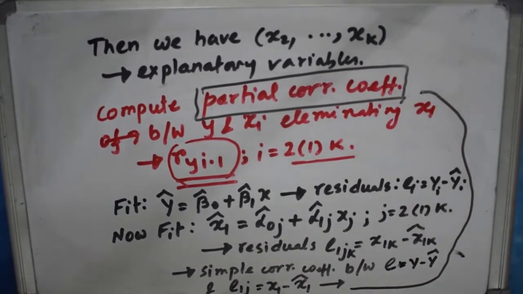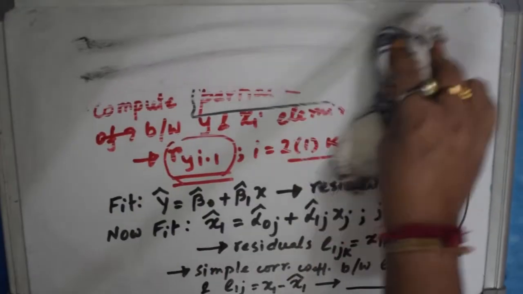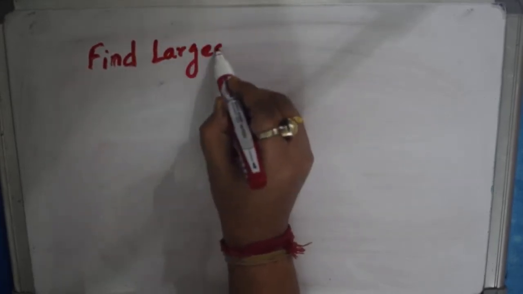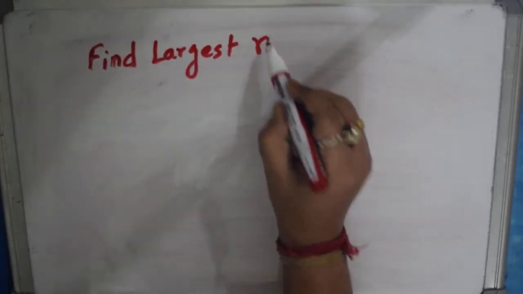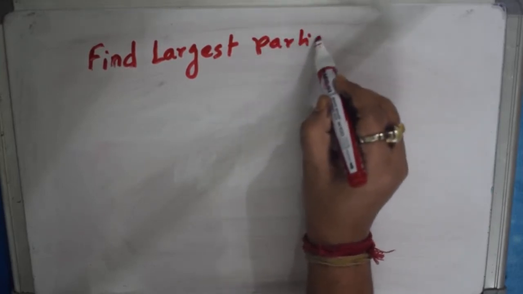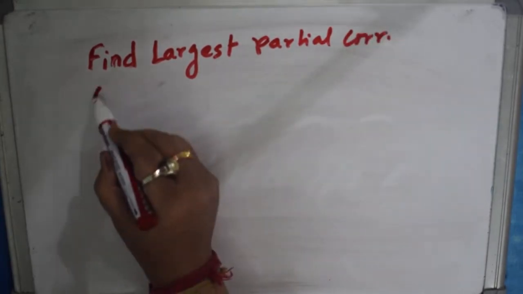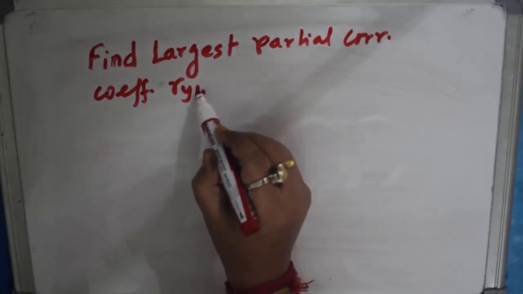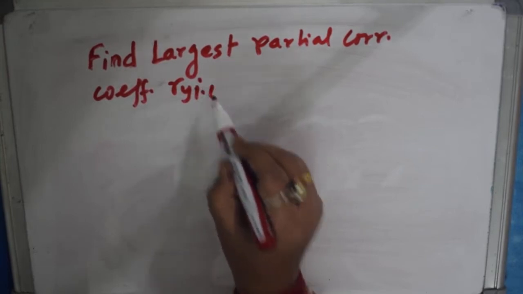Then find the largest partial correlation coefficient r y i dot 1.